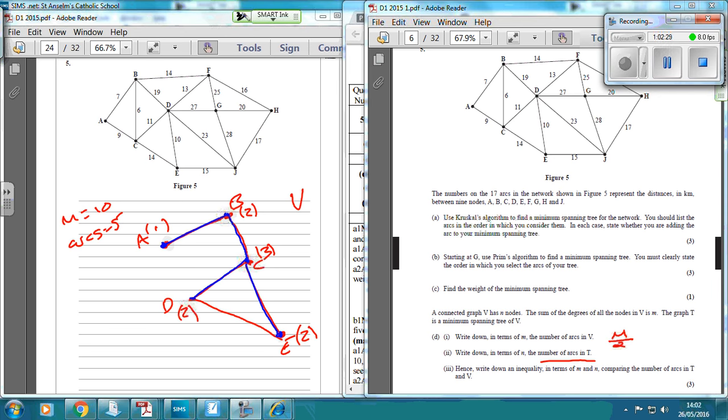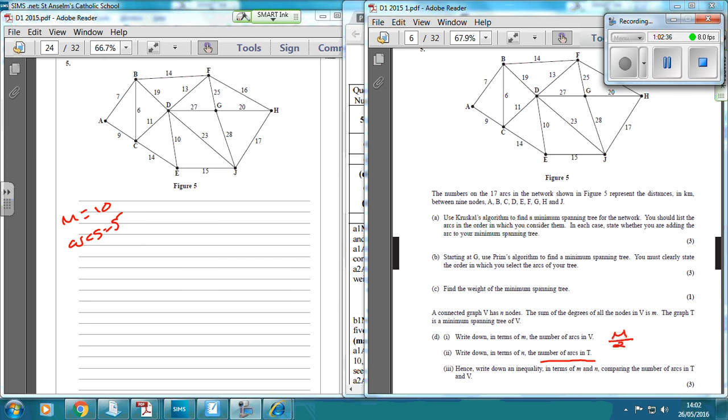Now the easiest way to think about this one is to not think about this one that we've got here. Think about a very, very basic diagram. So let's say we've got 3 vertices. Now we want a minimum spanning tree. So they're all connected. If you have 2 nodes, then 1 arc will connect them.